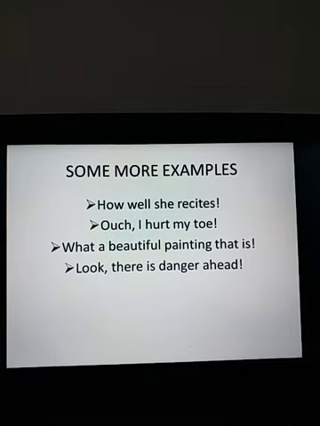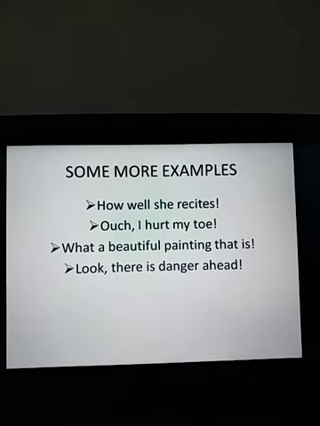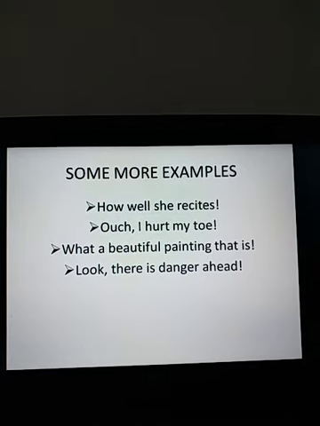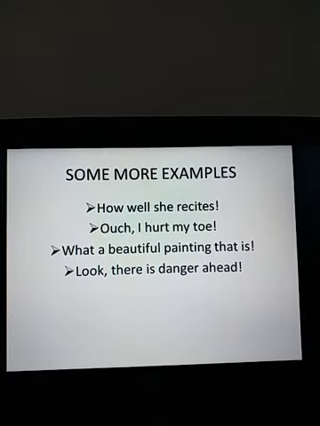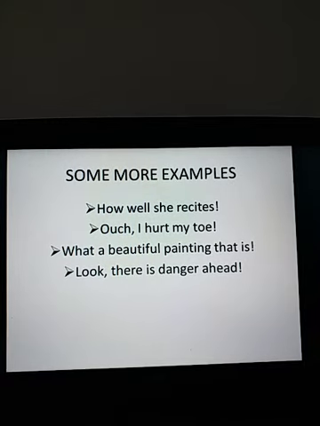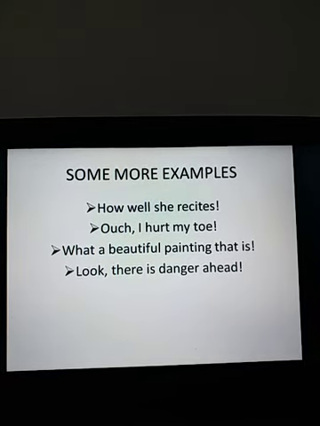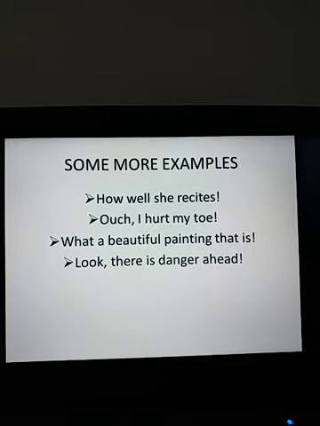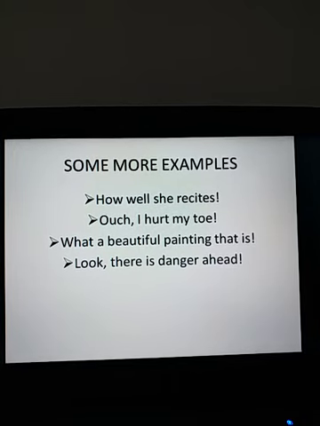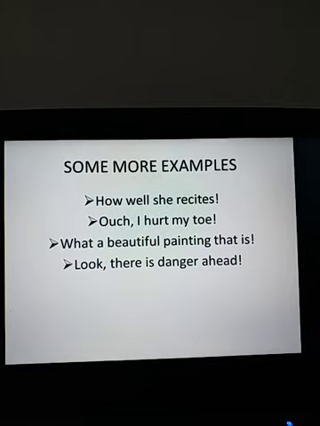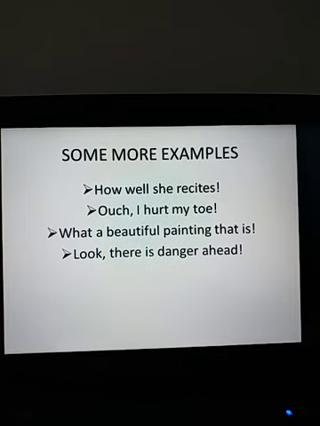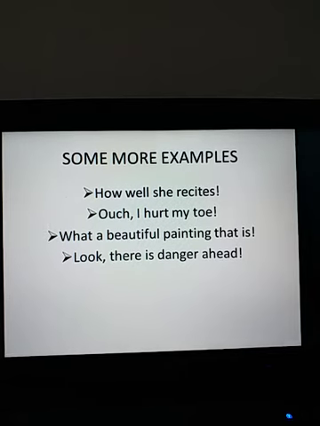That is also a strong emotion that can be conveyed through an exclamatory sentence. Look, there is danger ahead. Now here you can sense some caution, yes, fear. So all these feelings of fear, horror, joy, dejection, sorrow, happiness, every feeling which is strong, can be expressed through an exclamatory sentence, right?